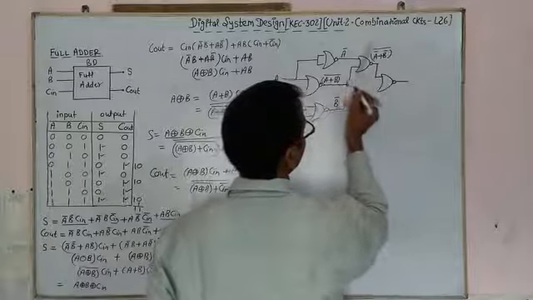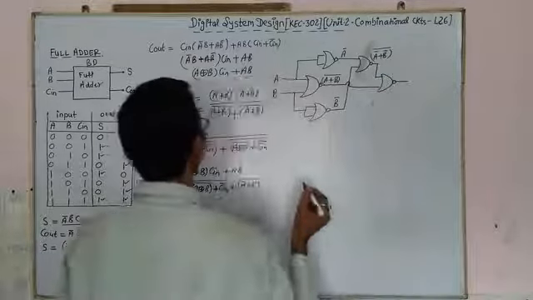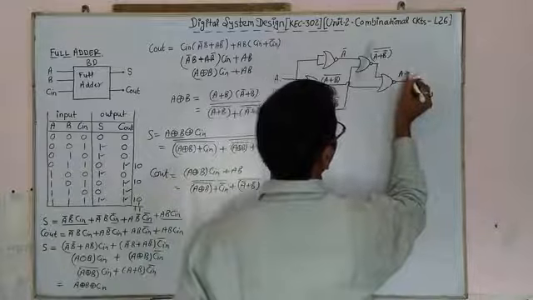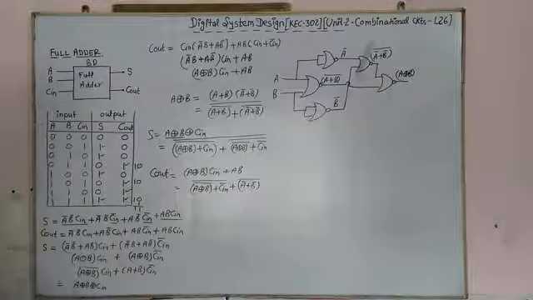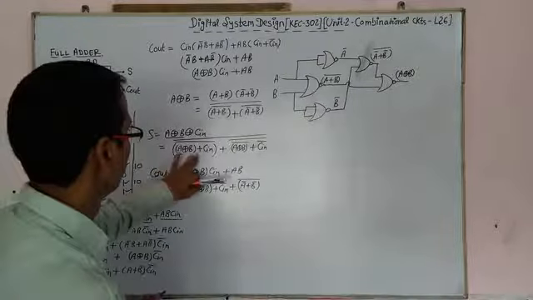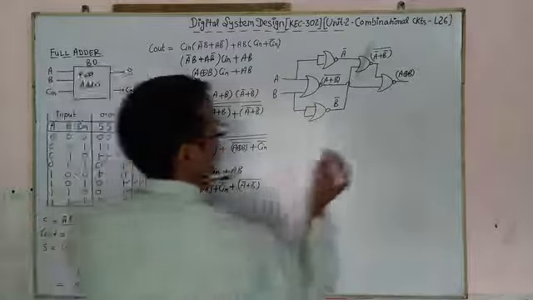Now this is A XOR B, and this A XOR B we will sum with C in.